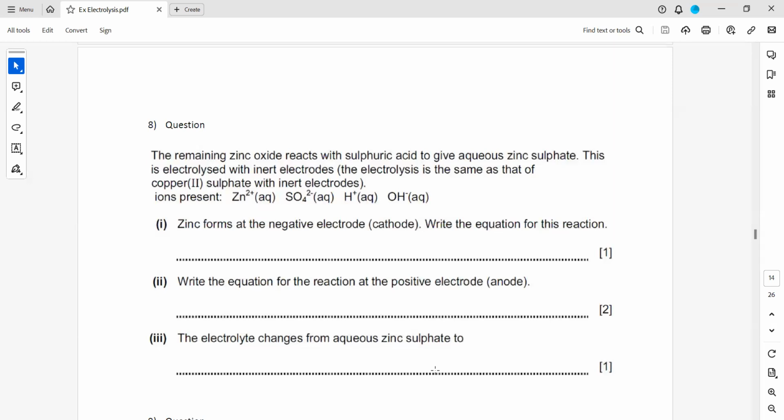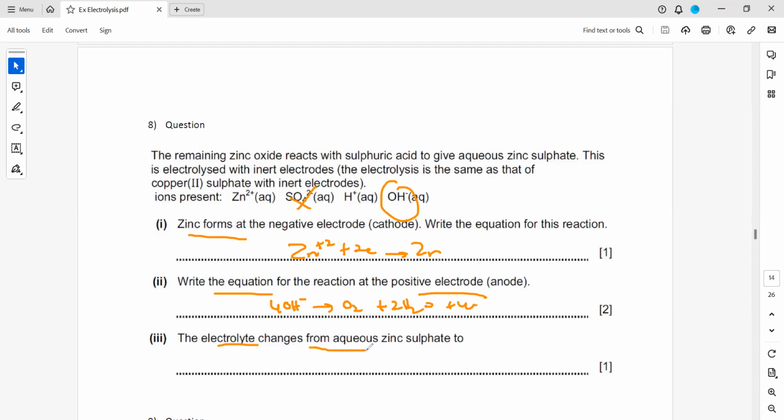This is electrolysis. We are focusing on cell questions, so I will quickly go. Zinc forms at the negative electrode, write the equation. If zinc ions are there, they will take 2 electrons and form a zinc atom. Write the equation for the positive electrode, the anode. Sulfate never moves, so the hydroxide ions will move; 4 hydroxide ions give oxygen, 2 water molecules and 4 electrons.